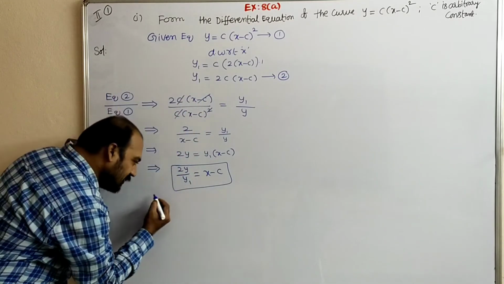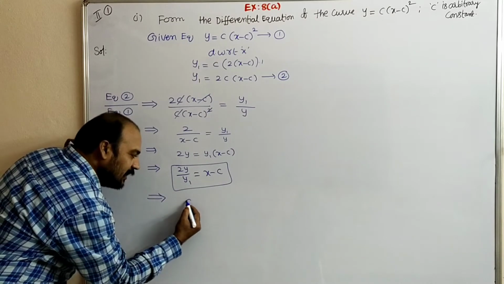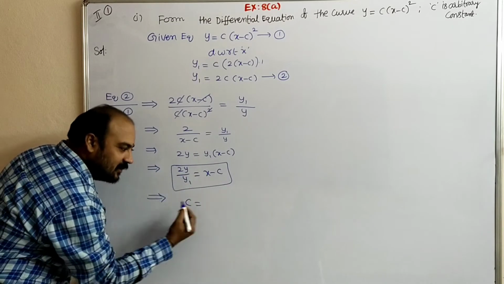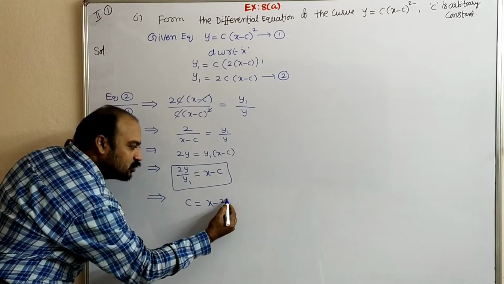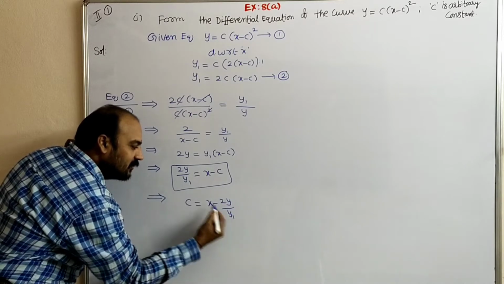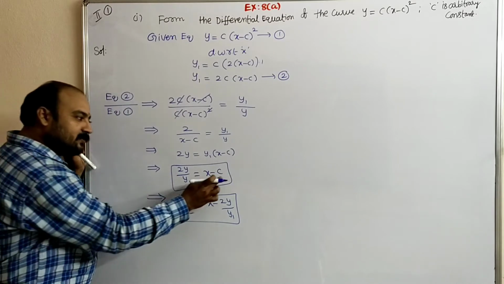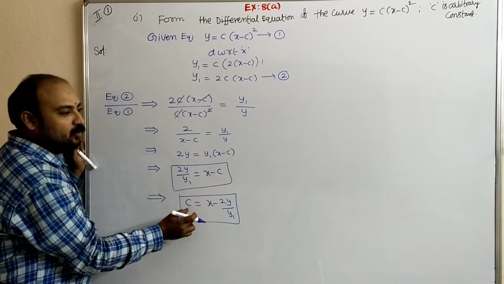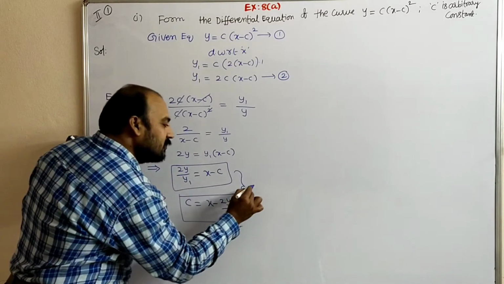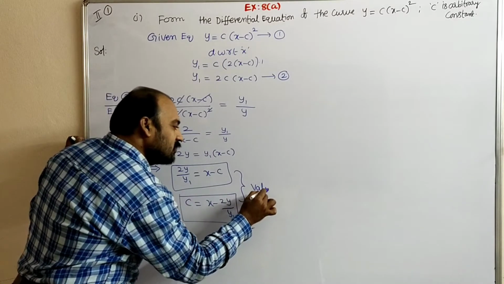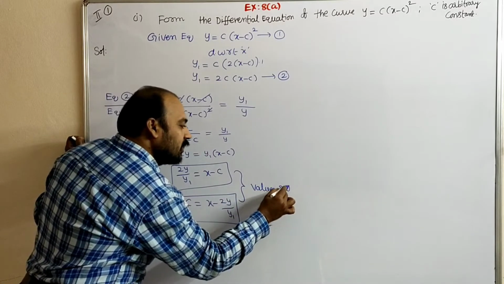So from this, c equal to x minus 2y by y1. Now the x minus c value and the c value we substitute in equation 1.